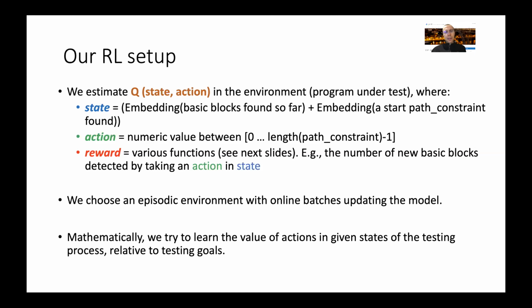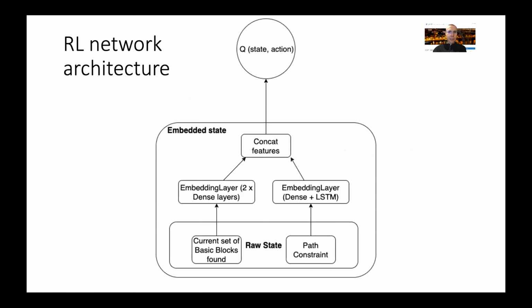And the reward, you will see on the next slides a few examples of rewards, but the most common one, used in the state-of-the-art paper, is the new basic blocks found by taking an action in the state. We have an episodic environment, which means that we train with multiple episodes and with online batches that are updating the model. So imagine that from a mathematical point of view, what we try to do here is to learn the value of actions given the states of the testing process, relative to the user goals that define the testing process.